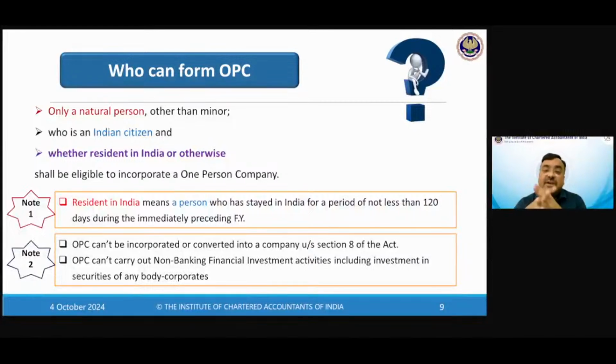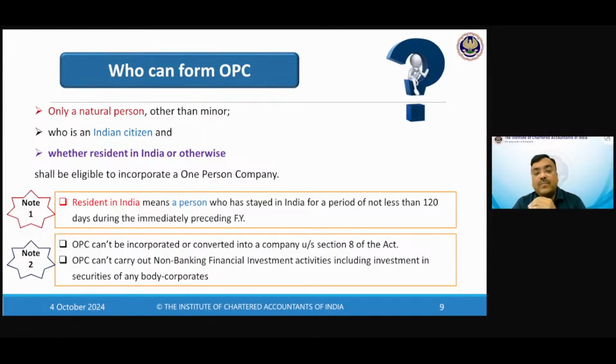It means if you have to check whether the person is resident in India or not, as today is the 4th October 2024, we have to check that the person was in India for at least 120 days during the period 1st April 2023 to 31st March 2024. Right? So resident in India means a person who has stayed in India for not less than 120 days during the immediately preceding financial year.